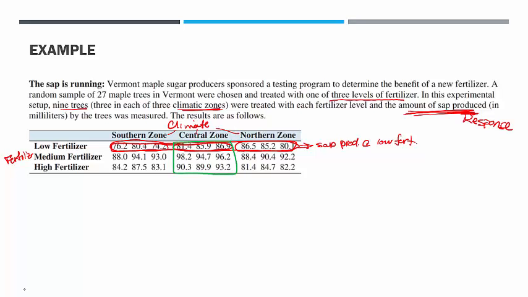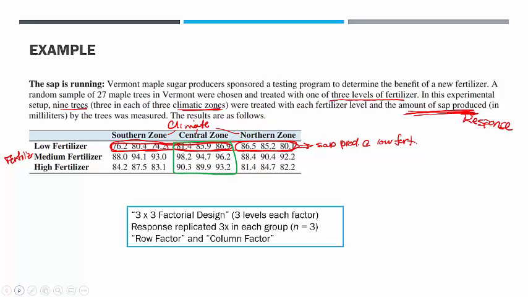And so in the language of analysis of variance, two-way analysis of variance, we would say we have a 3x3 factorial design because there are 3 levels of fertilizer and 3 different climate zones. That produces 9 different groupings, right? And notice in this experiment that the response was replicated or measured.